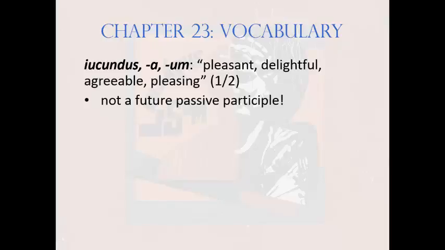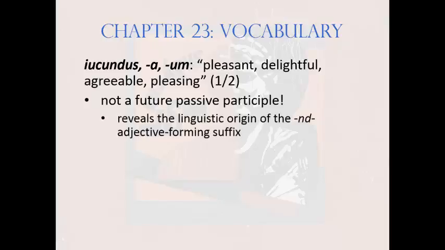While jucundus looks like a future passive participle because it ends in ndus, it's not. It's just an adjective, though the nd affix inside jucundus points to the linguistic origin of the future passive participle, a form unique to Latin. This nd affix originally created adjectives, as it does in jucundus.